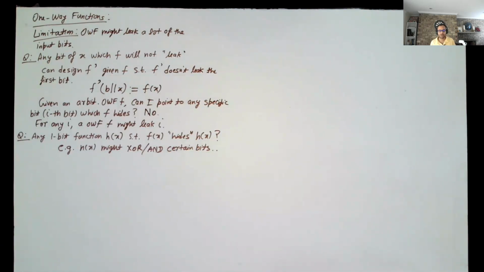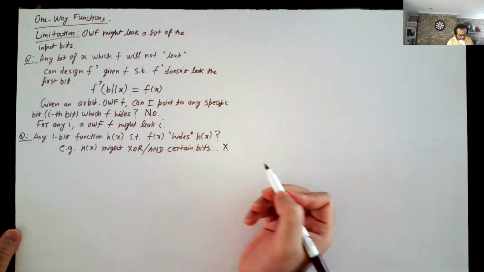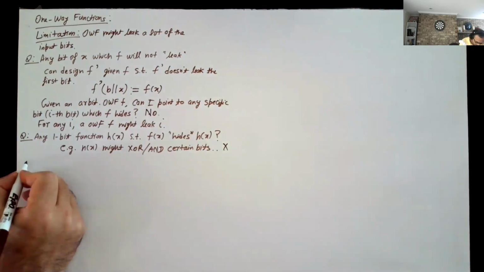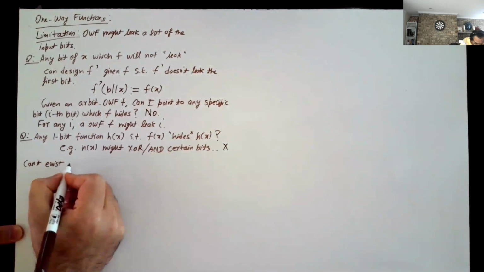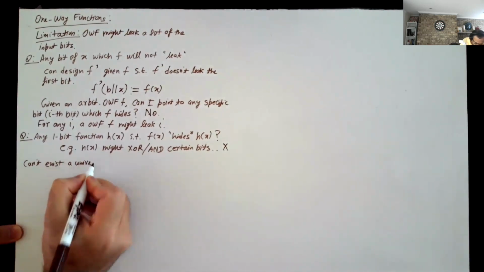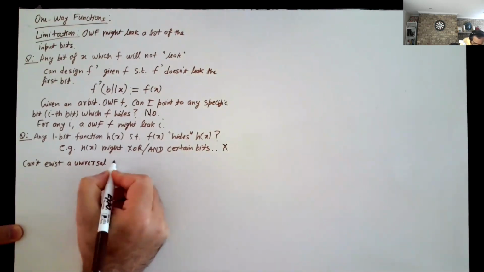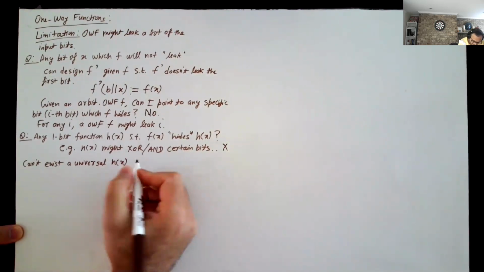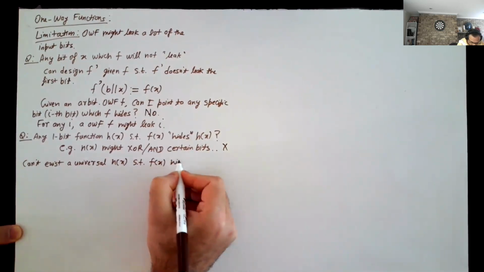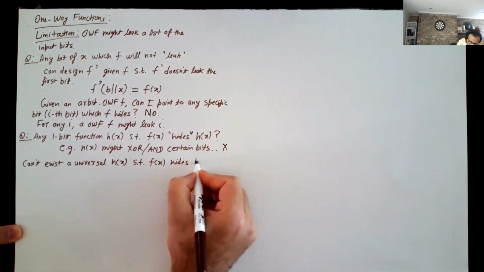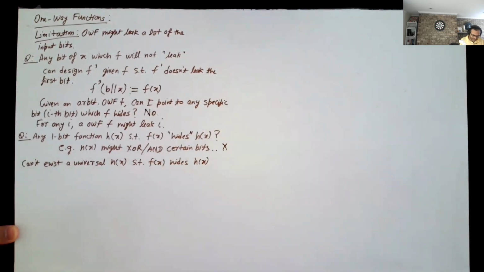So again, the output of h of x is just a single bit. And again, the answer to this is no. There cannot exist a universal h of x such that f of x hides h of x.